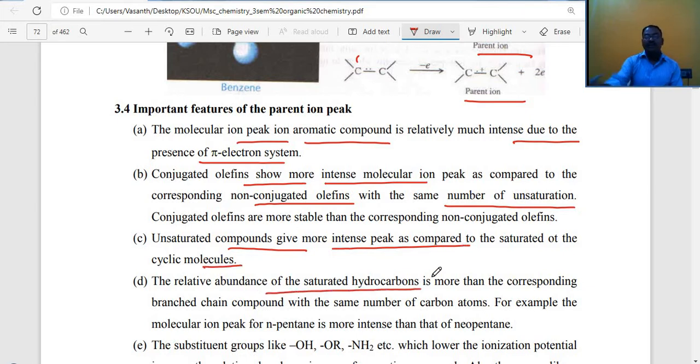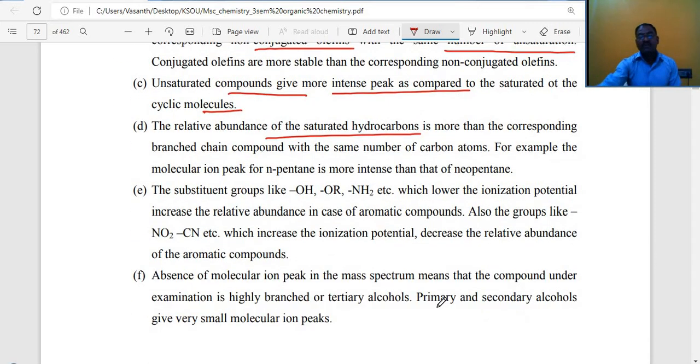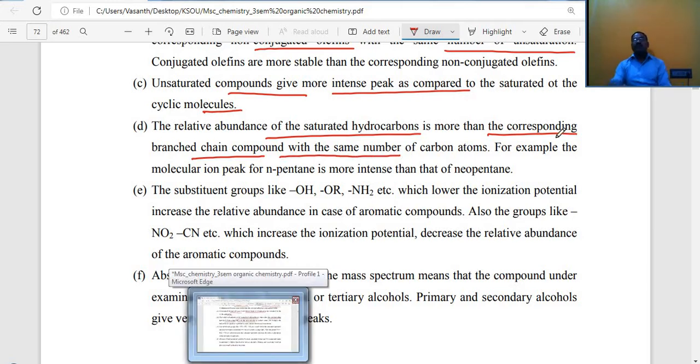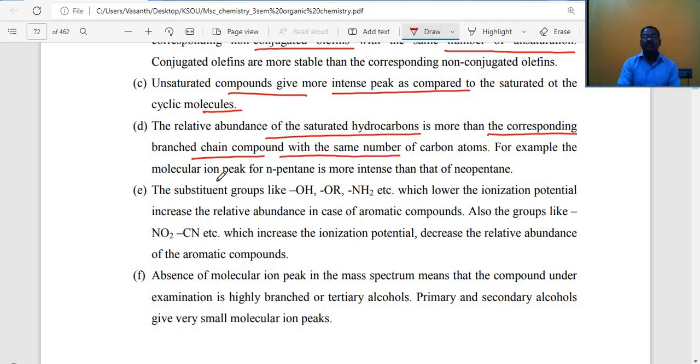The relative abundance of a saturated straight-chain hydrocarbon is more than the corresponding branched chain compound with the same number of carbon atoms. For example, the molecular ion peak for n-pentane is more intense than that of neopentane. Substituents like OH, OR, NH2, etc., which lower the ionization potential, increase the relative abundance in the case of aromatic compounds.